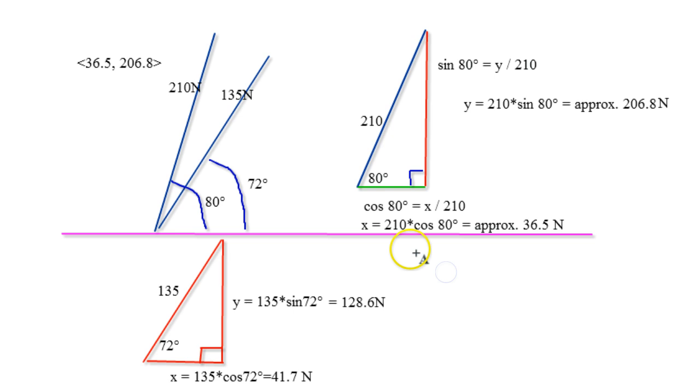When I want to find the resultant force, I would add the horizontal components first, that would be 36.5 plus 41.7, comma, 206.8, oops, 0.8, plus 128.6. And just work with it that way, and you could actually figure out the angle of the force as well.